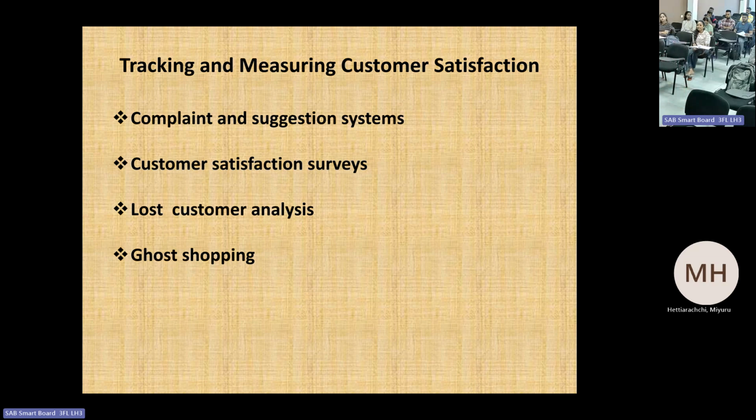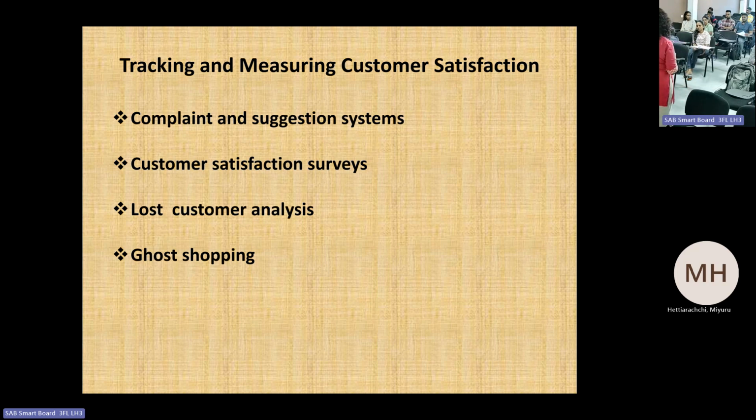And the other one is lost customer analysis. What does that mean? Analyze the customers that we have already lost. Sometimes some companies, once they screen their data, find that some customers are not continuing certain agreements, like BSAA or life insurance.